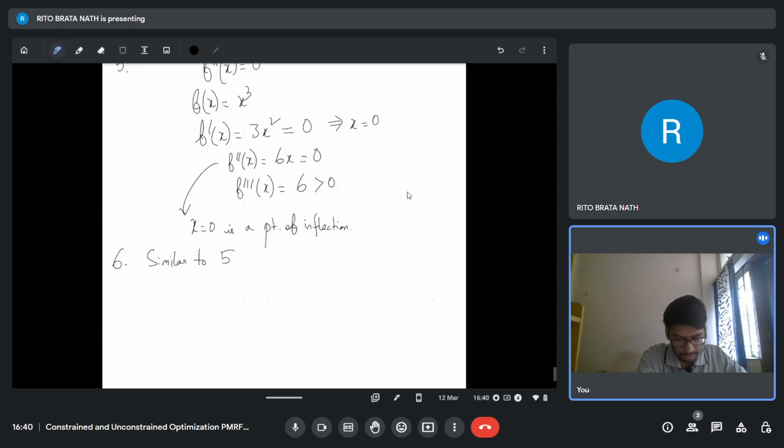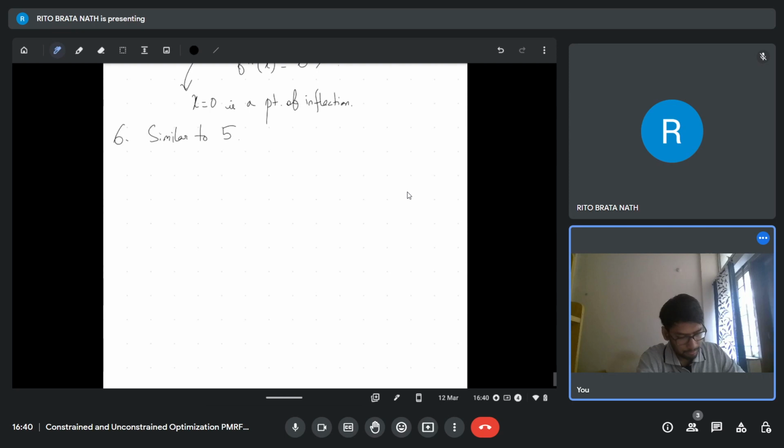Stationary points definition you already know. Suppose I have given you a function. So 7 will be discussed next week.